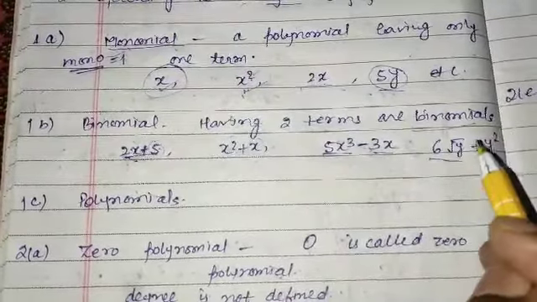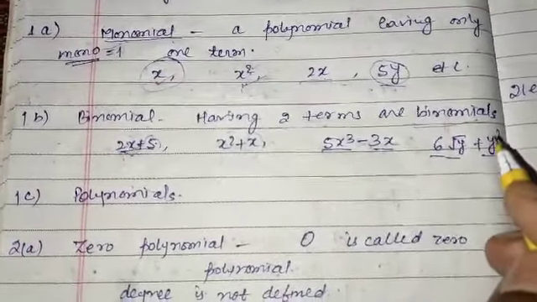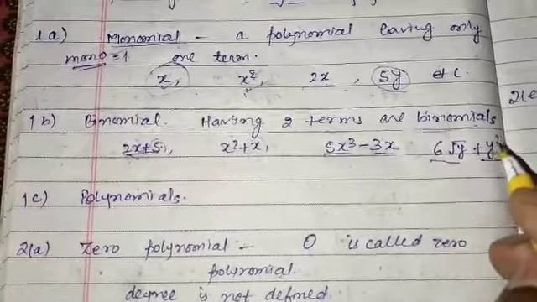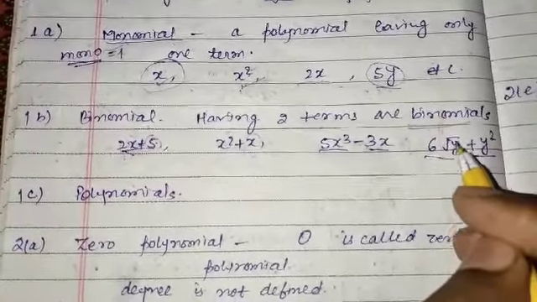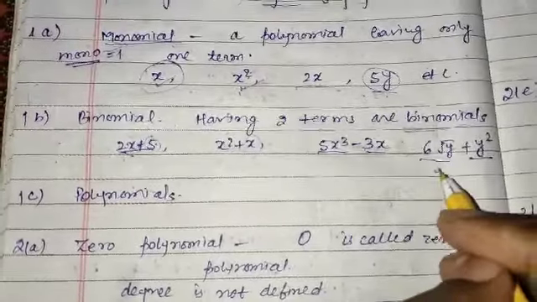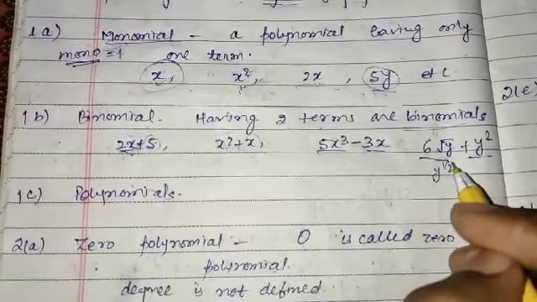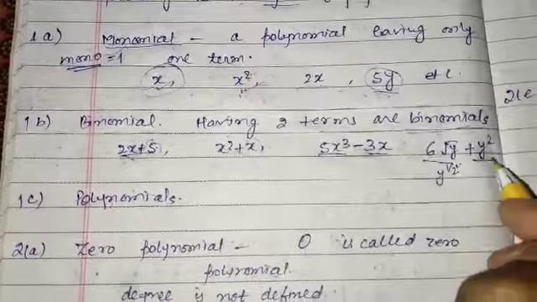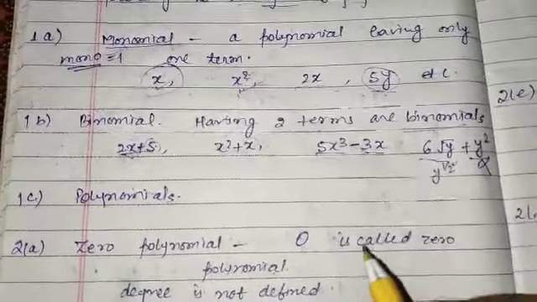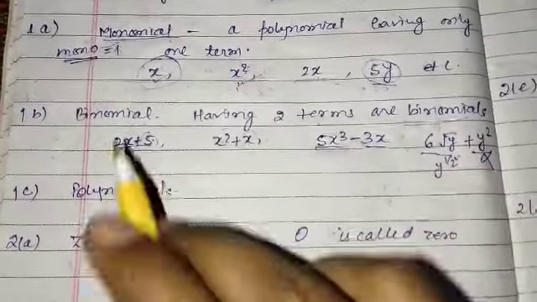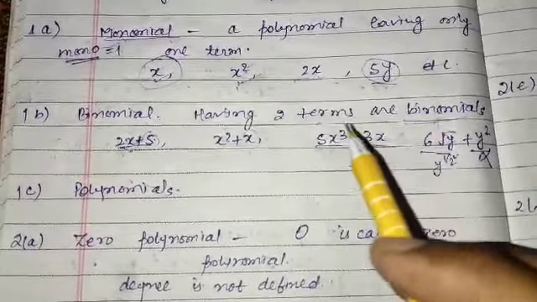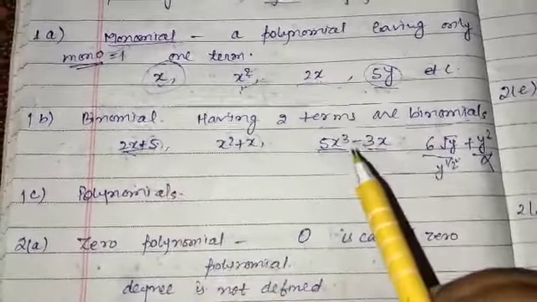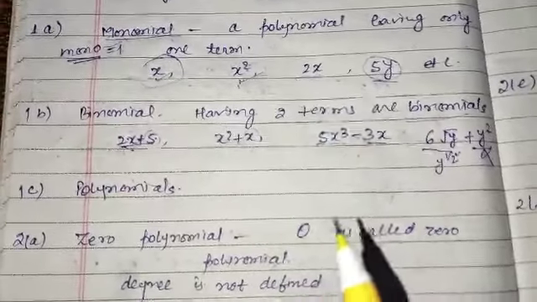First you have to check whether this is a polynomial or not. Here the power of y is 2, a whole number, but root y means y power 1 by 2. 1 by 2 is not a whole number, so this is not even a polynomial. So how can you say this is a binomial? So before categorizing, you have to ensure that the given expression is a polynomial or not.